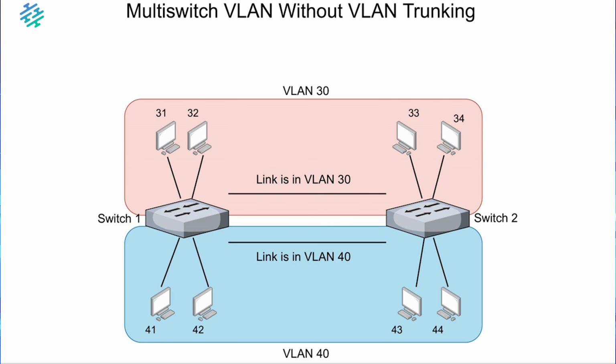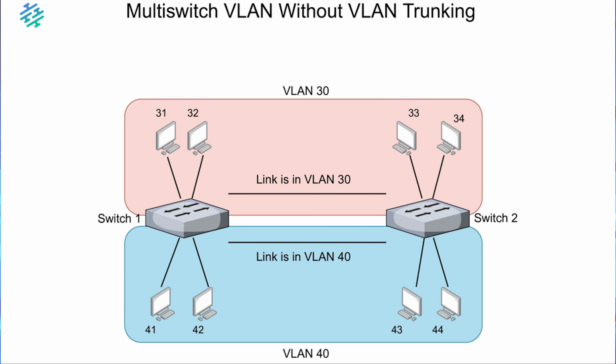Now, if you look in this graphic, we have just that. We have a VLAN 30 and a VLAN 40. Note you'll see two switches. VLAN 30 is available on both switches, and VLAN 40 is available on both switches. How are we connecting VLANs 30 and VLANs 40?